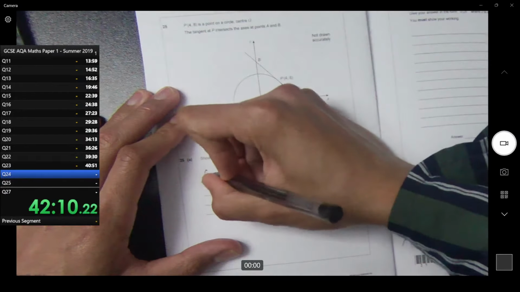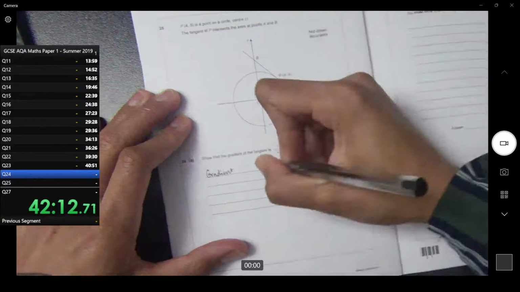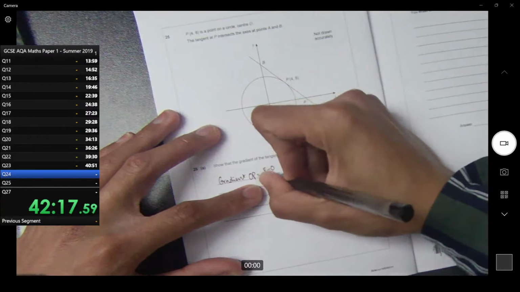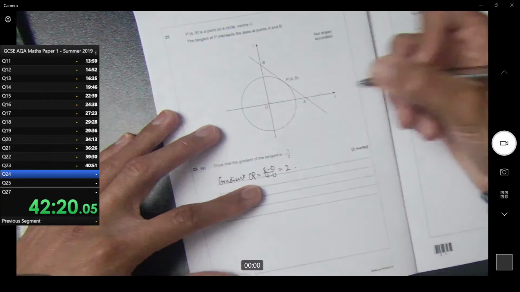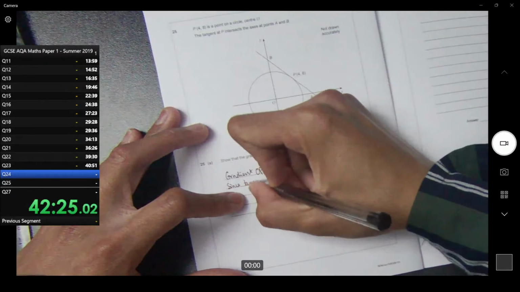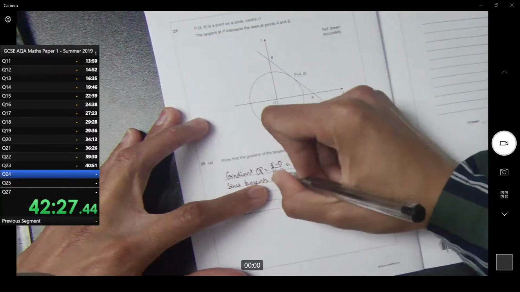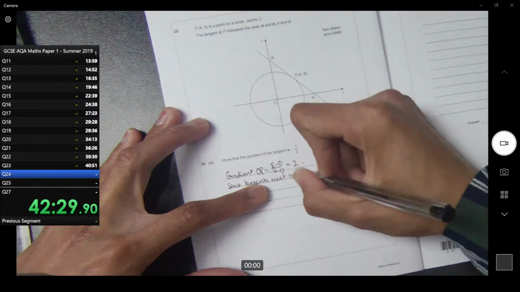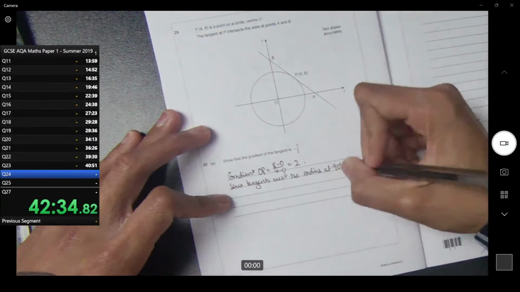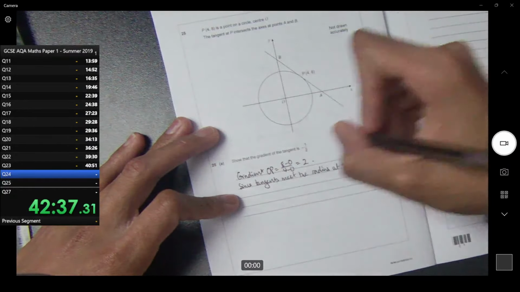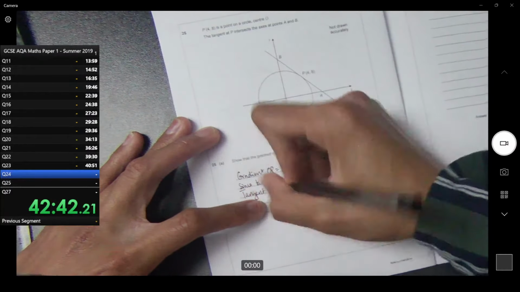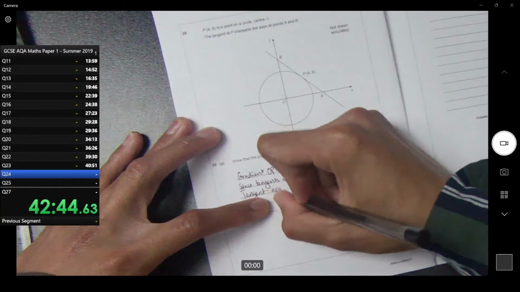the gradient of OP, that's going to be 2, and then since tangents meet the radius at right angles, the gradient of the tangent is the negative reciprocal.